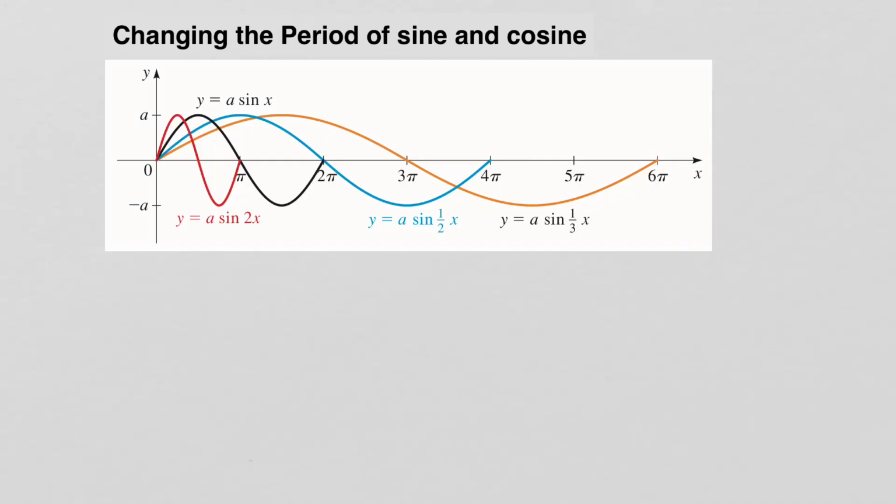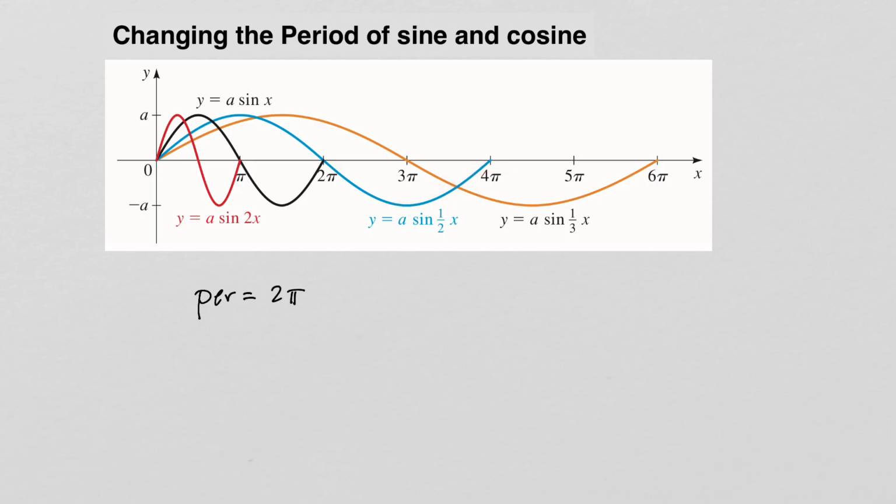We can also change the period of sine and cosine. So when you have a function y equals a times the sine of x, that's this black graph right here, we know the standard period is equal to 2 pi, meaning that after going through 2 pi units on the x-axis, it repeats itself. But if we multiply the x by a number, depending on whether that number is greater than 1 or less than 1, that is either going to shorten the period or lengthen the period.